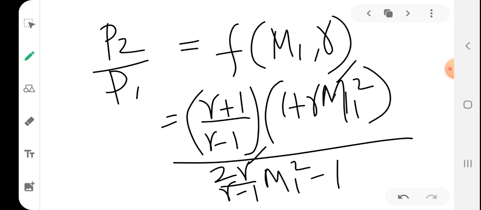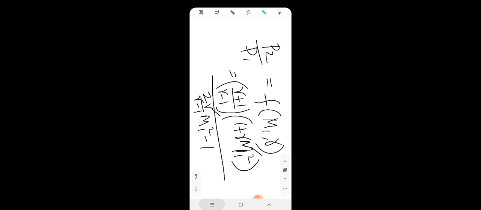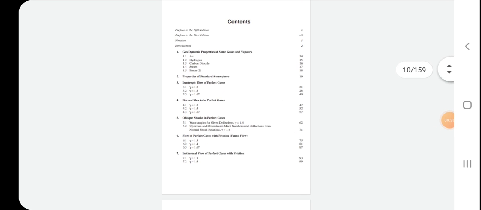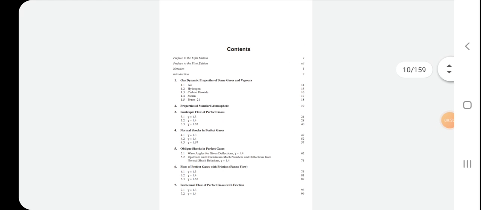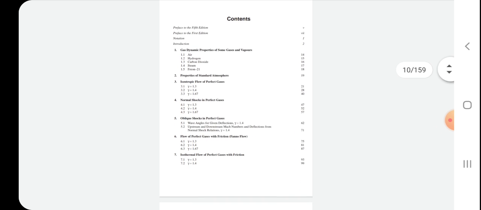This is a very large equation where you have to substitute M1 and gamma. But instead of substituting, you can directly approach the gas tables. Students, we require the gas table for normal shocks, the fourth section.